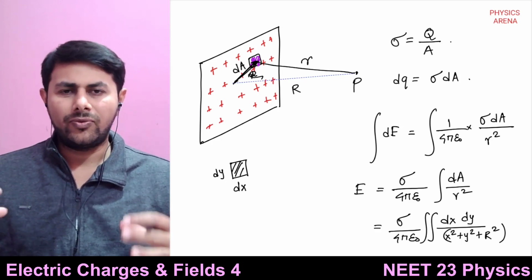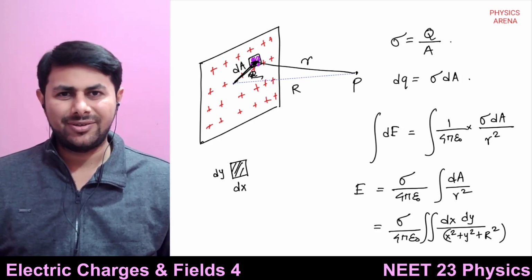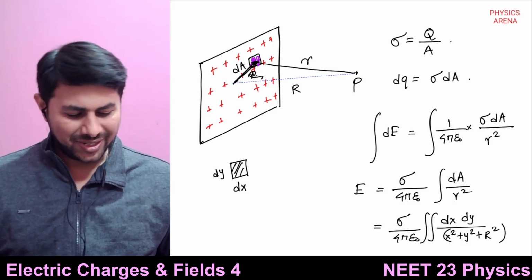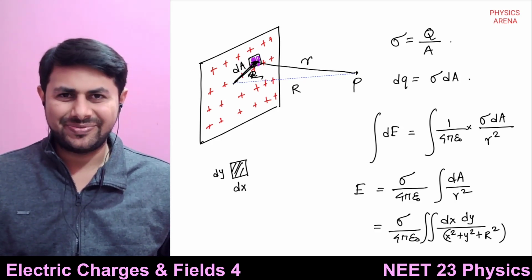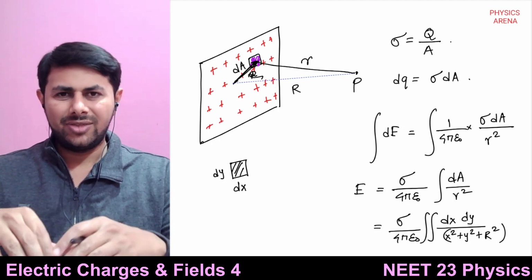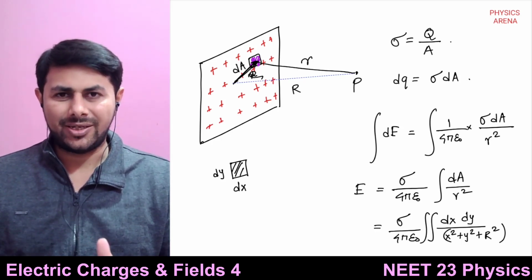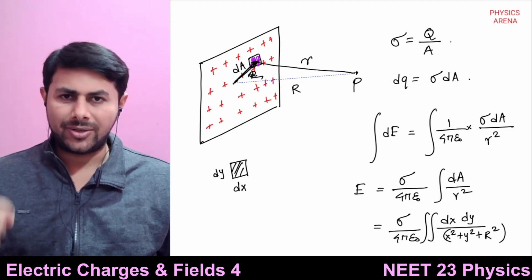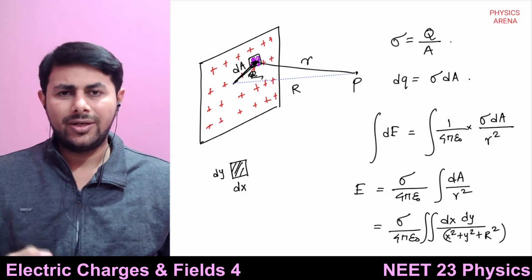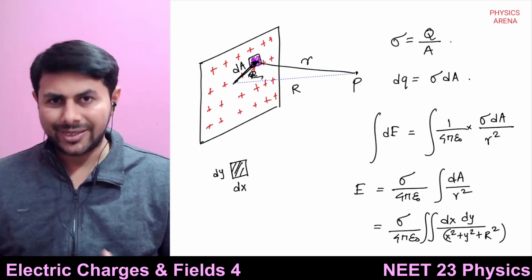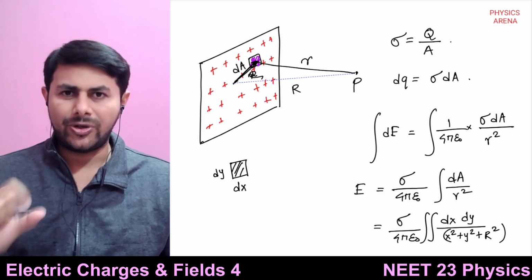Then if you have volume charge distribution, what will happen? You will get a triple integral, right? You will have dx, dy, dz, because the charge is distributed in the volume of that material. So you will have to find out electric field, you will find out dq. Dq will be equal to what? It will be volume charge density multiplied by dv, as we learned yesterday. Okay, and what is dv?